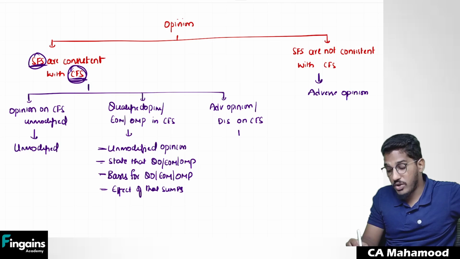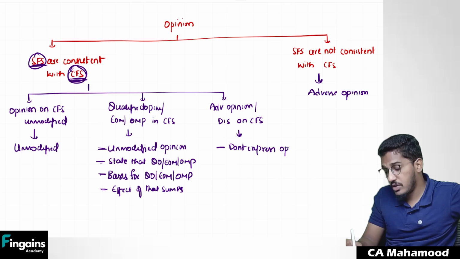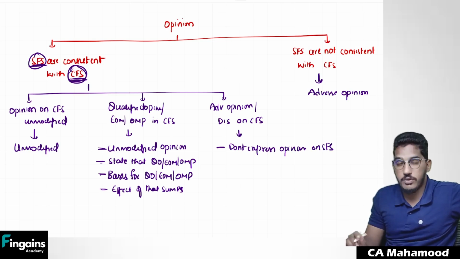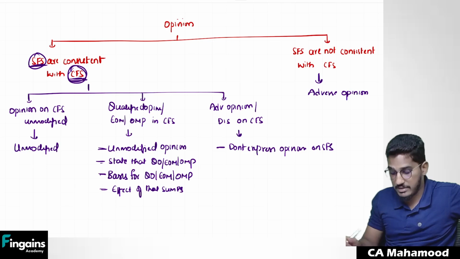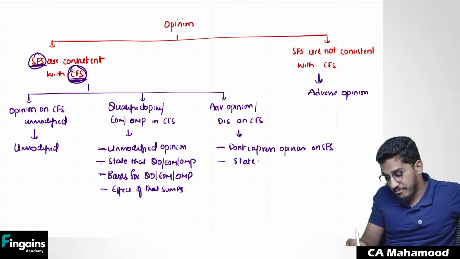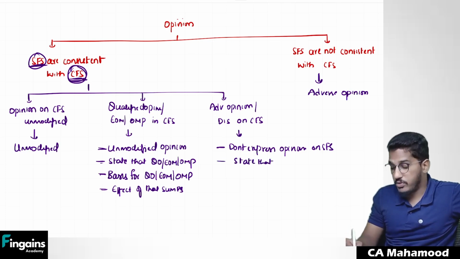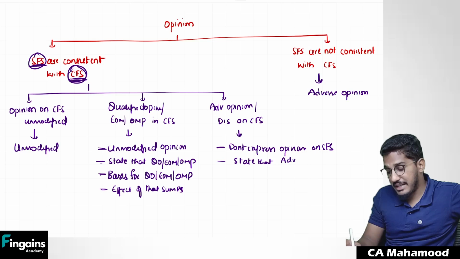In case the summary financial statements are consistent with the complete financial statements, but the audit report on the complete financial statements contains an adverse opinion or disclaimer of opinion, then the standard says don't express an opinion on the summary financial statements. You should say in the audit report of the summary financial statements that we will not express an opinion on the summary financial statements. Along with that, you have to state that the audit report of the complete financial statements contains either an adverse opinion or a disclaimer of opinion.